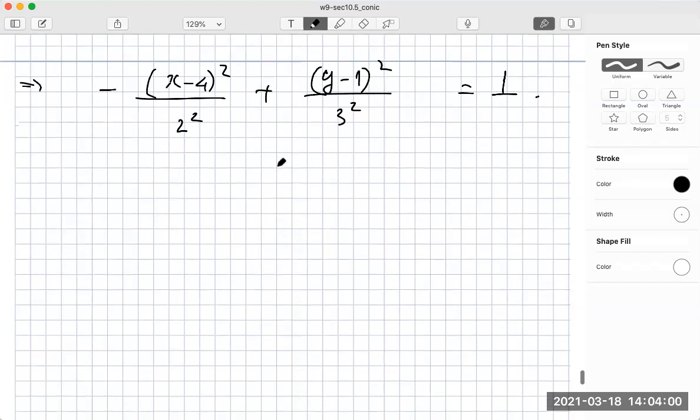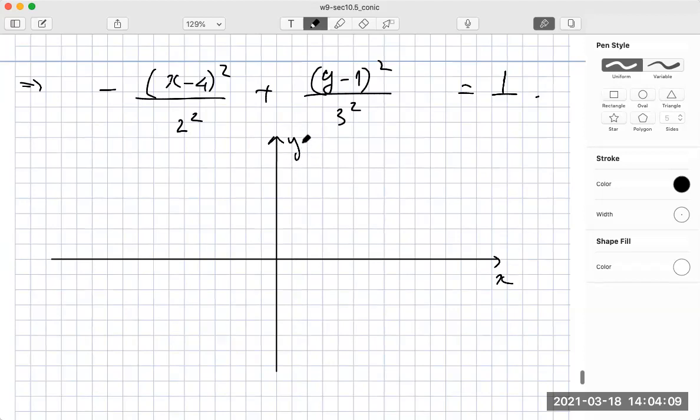And look at this. How can we draw this hyperbola? If this is x, this is y.